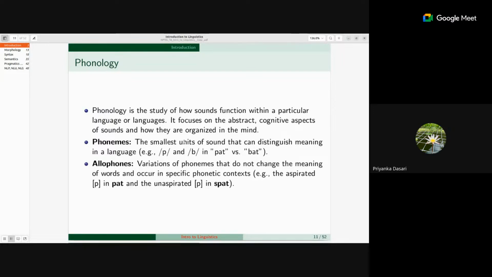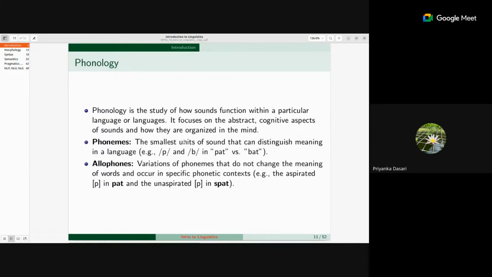When it comes to allophones, in this example, the p in pat and the p in spat are considered two allophones. It is the same p sound, but the aspiration property added in pat changes it.